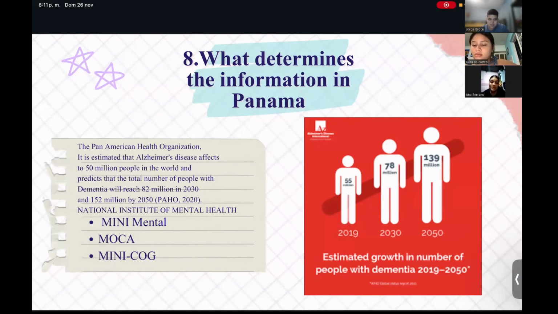Many mental instruments detect the signs and symptoms of cognitive impairment or dementia.